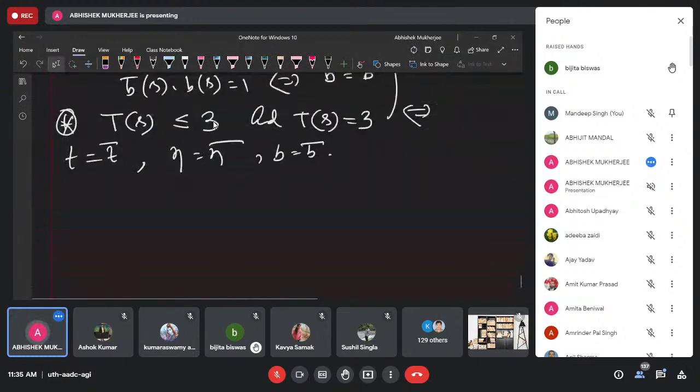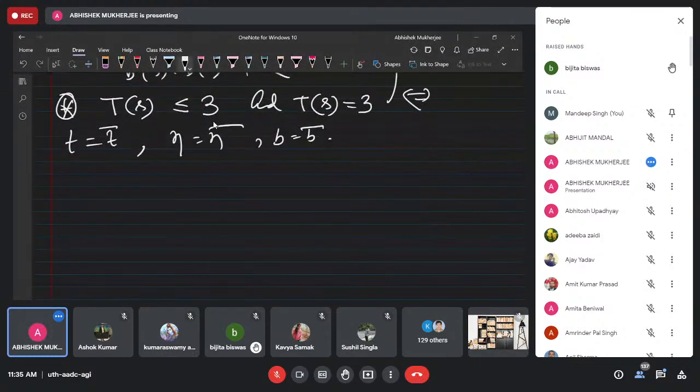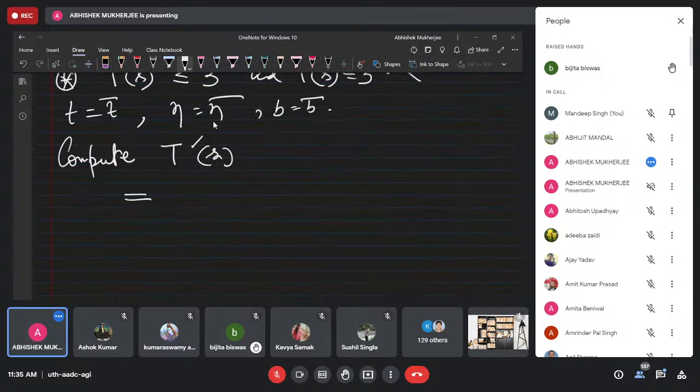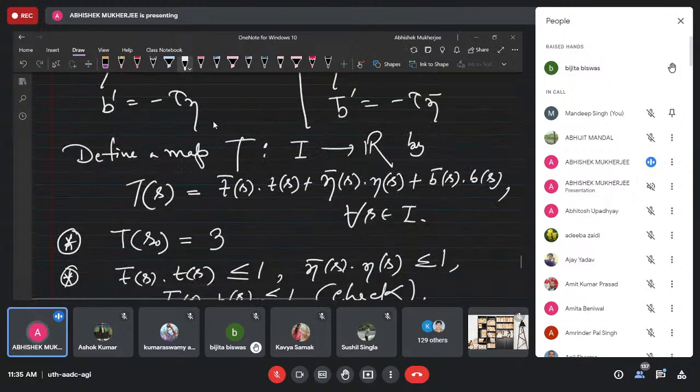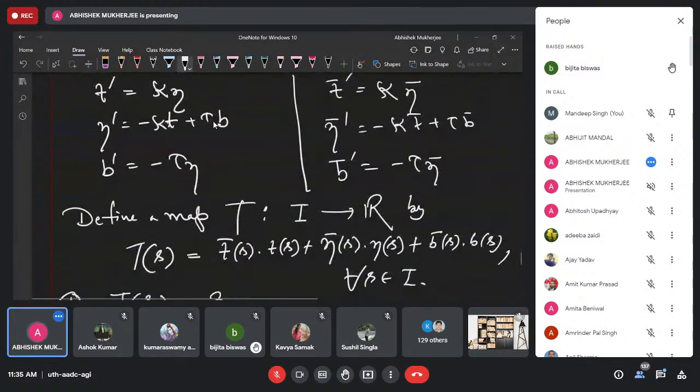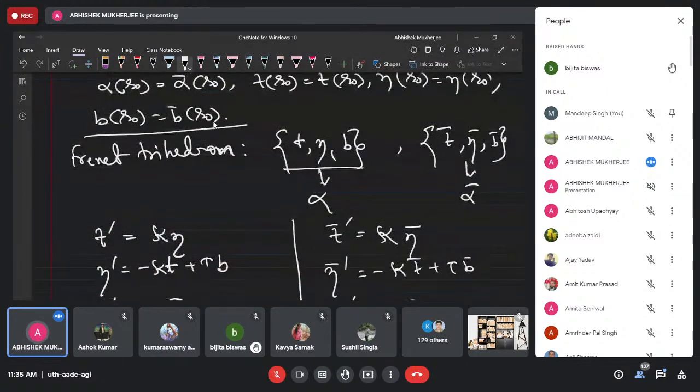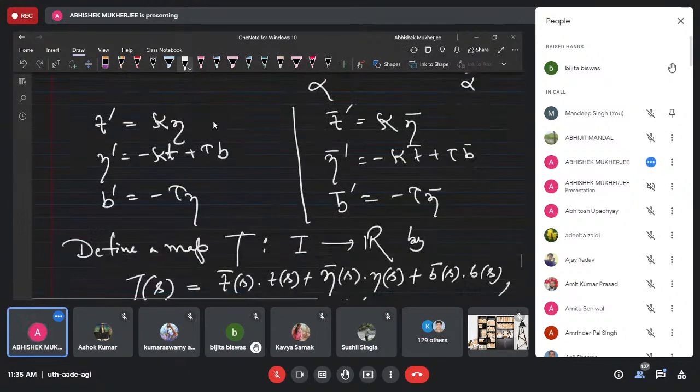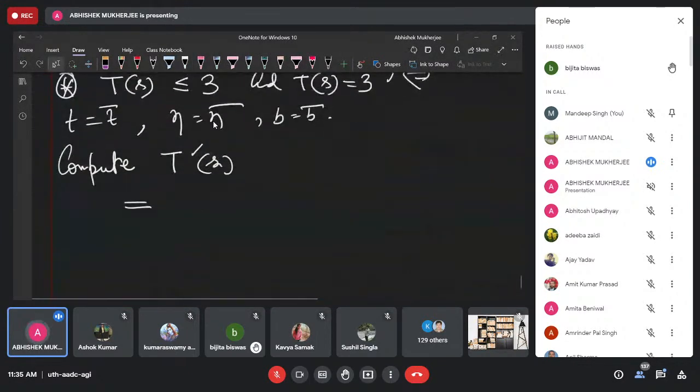Now using this, we would like to compute T dashed S. And after computing this T dashed S and applying the Serret-Frenet formulae for both the Frenet trihedrons, you can easily get that this is going to be 0.